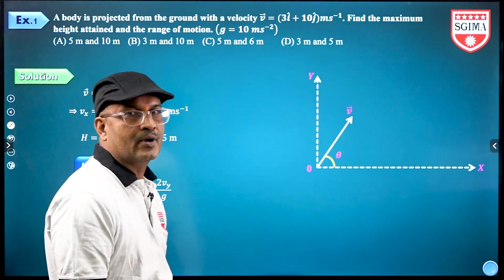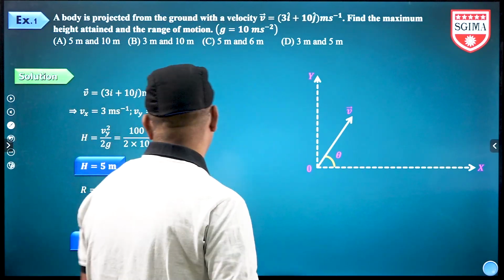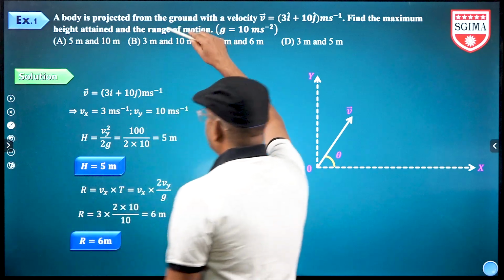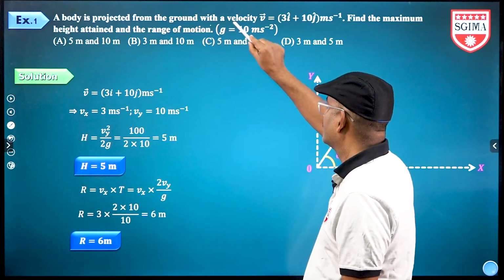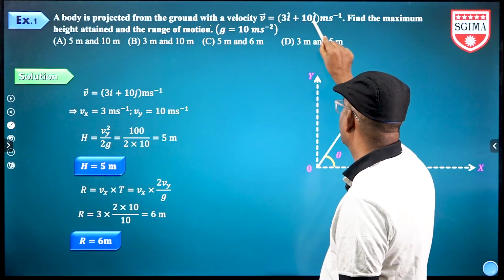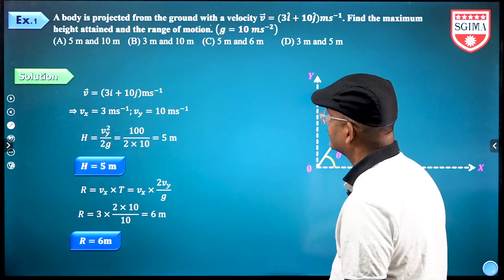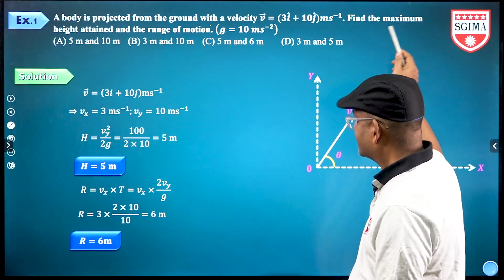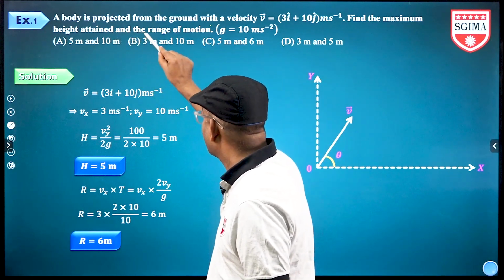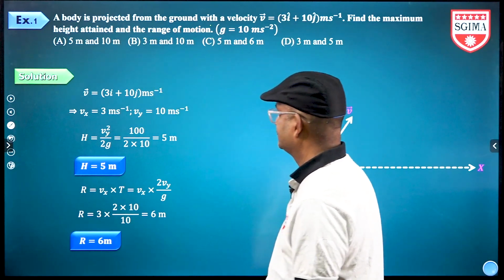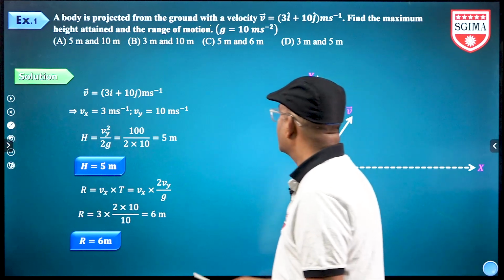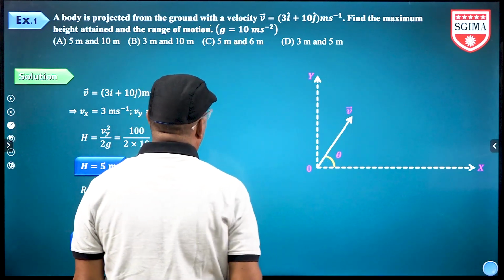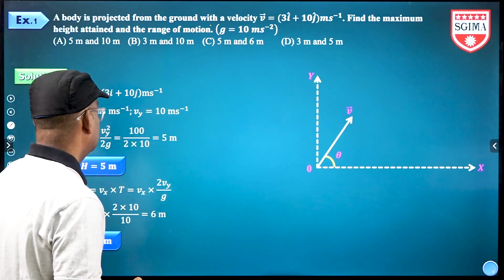See, I am discussing one problem based on this. A body is projected from the ground with a velocity 3i plus 10j meters per second. Find the maximum height attained and the range of the motion. Here g is 10 meters per second square.